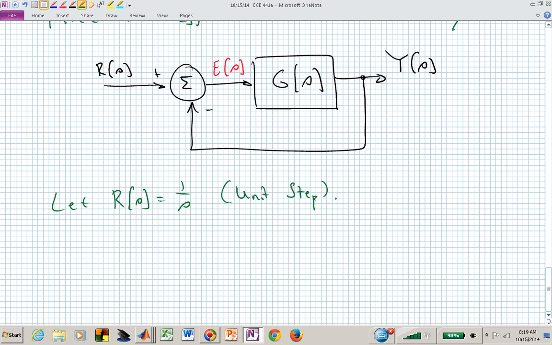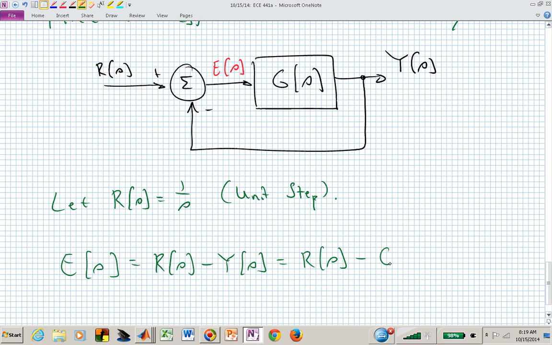Now, are we satisfying our first assumption? And what was our first assumption? Stable. Was our system stable last time? Do you remember? Or maybe I need to give you, before I start giving you new systems, let's compute this expression for E of S. E of S is simply R of S minus Y of S, since we have no dynamics in the feedback.